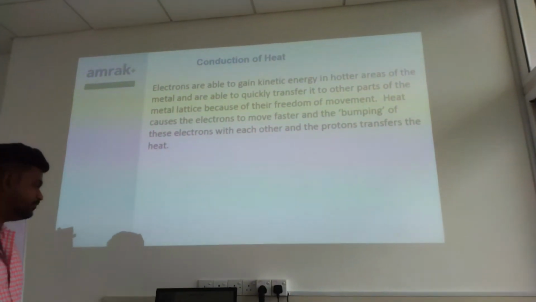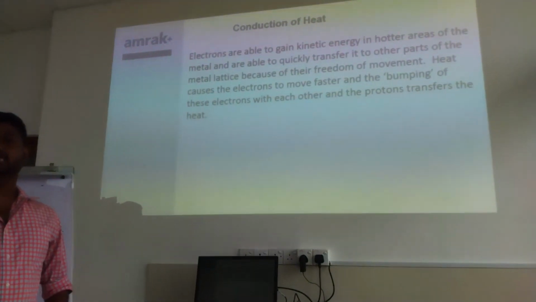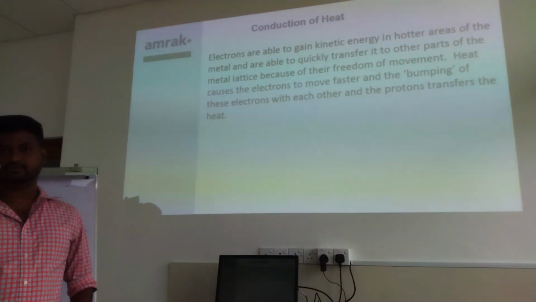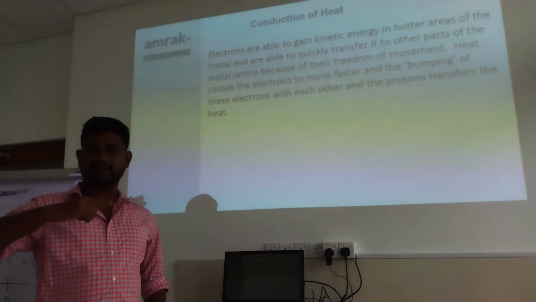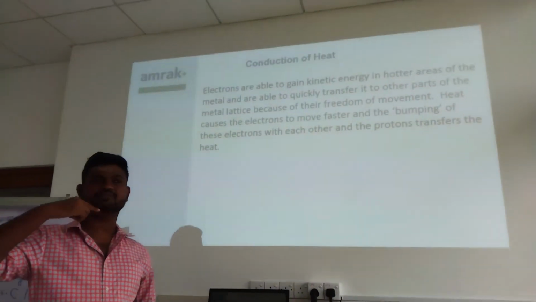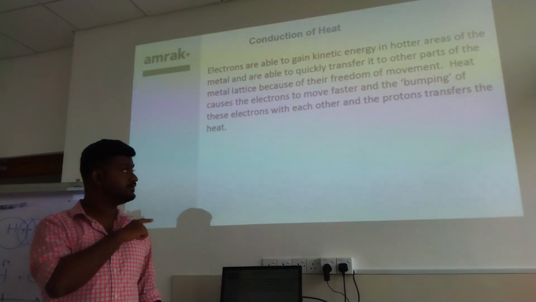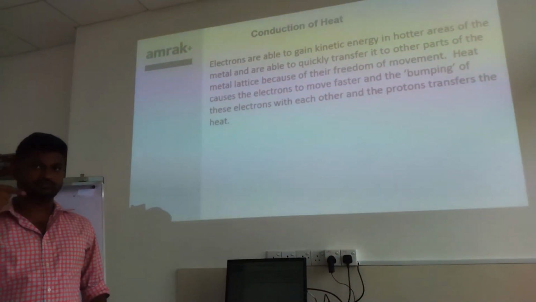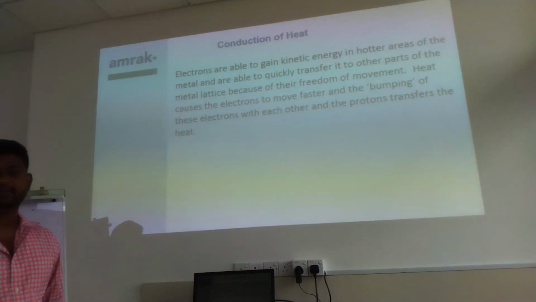So when heat is given, they tend to vibrate more. They spin more, called vibration. So they conduct the energy by vibrating. The electrons are also mobile electrons. They can move, so they tend to pass the energy. So that is how they conduct heat.